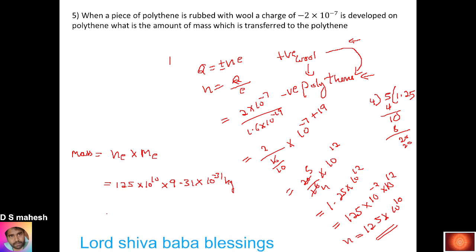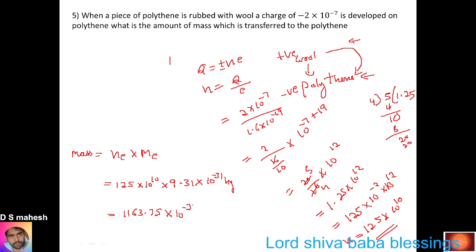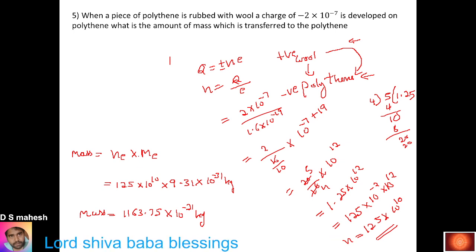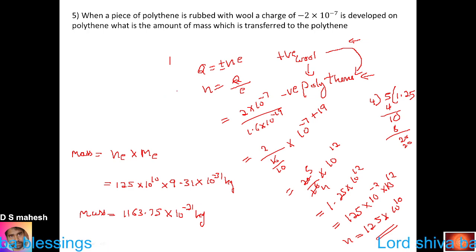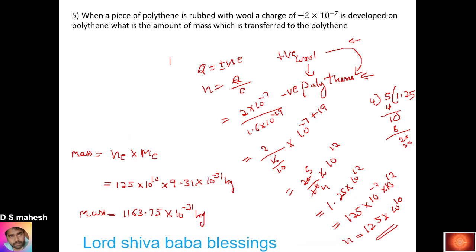So when you multiply these two, the answer would be 1163.75 into 10 to the power of minus 21 kg. So this is the amount of mass which is transferred to the polythene. So here what you need to know is, first we need to calculate how many electrons are transferred from wool to polythene. Then you know the individual mass of the electron, you multiply that by the number of electrons that is transmitted.